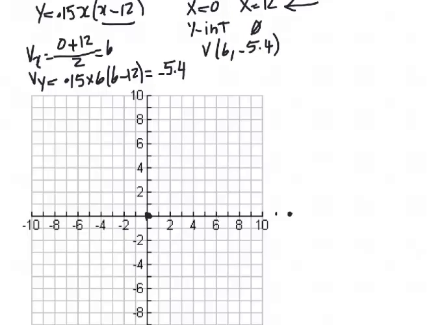So 6 and negative 5.4 is going to give me a point like this one. Now I'm going to just draw a smooth curve going through these points. So this is one, and this is another one.